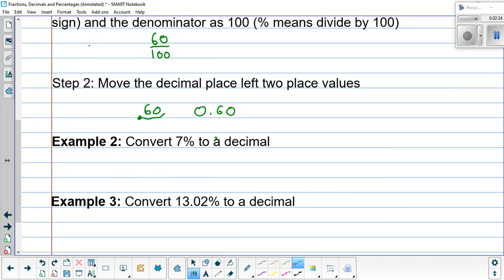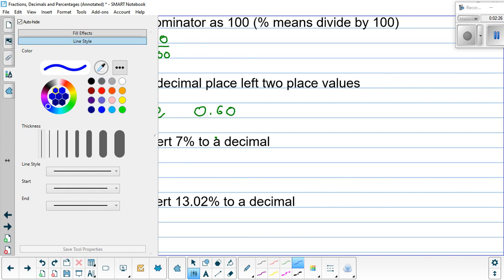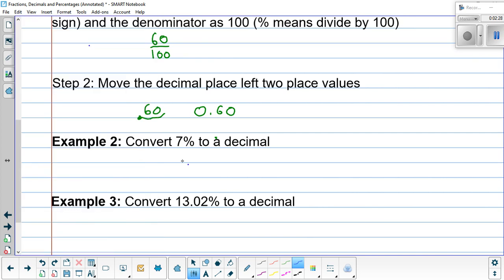Next one, let's look at 7%. So here we can put 7 over 100, write the number 7, and move the decimal place once. Well, now we don't have a number, but we know that there's always just zeros. So we have 0.07.